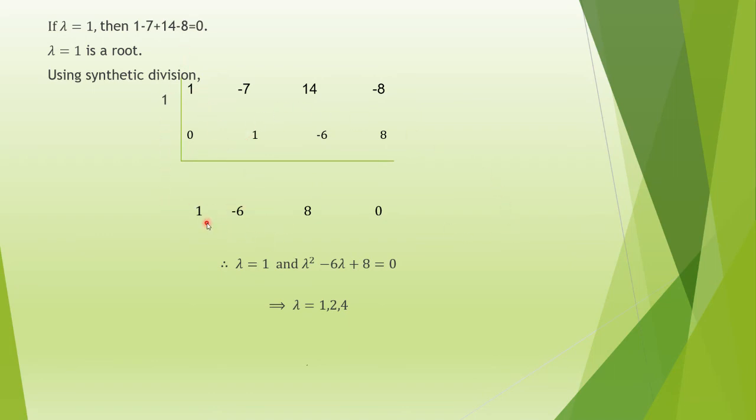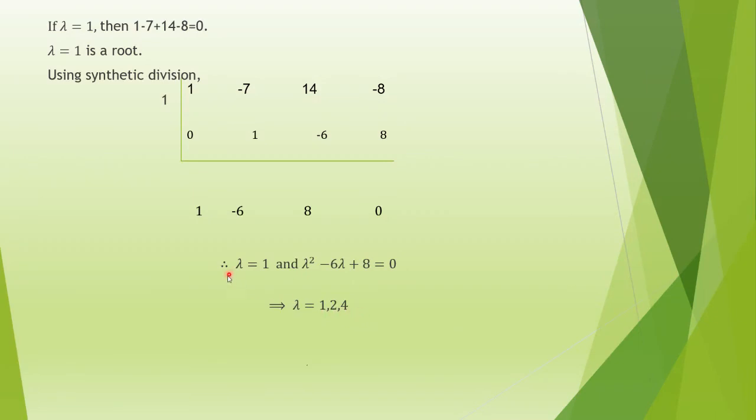Solving this, you get 1, minus 6, 8, 0. We eliminate the last value 0. Now you get lambda square minus 6 lambda plus 8 is equal to 0. If you factorize it, you get 2 and 4, and already you have the lambda value 1. So finally lambda is equal to 1, 2, 4.